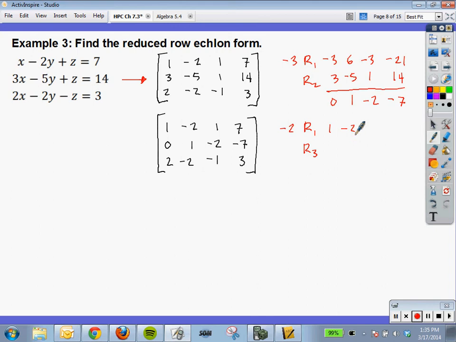So I get a 1, -2, 1, 7. And I'm going to add that to row 3. Add straight down. Oops, you know what I did? I rewrote the row without even multiplying.